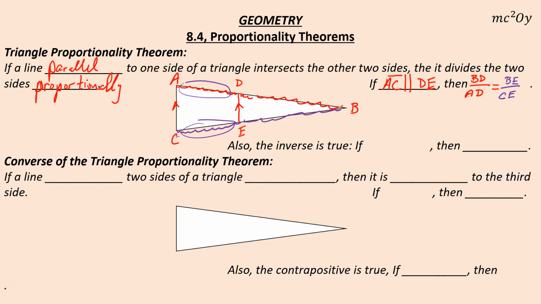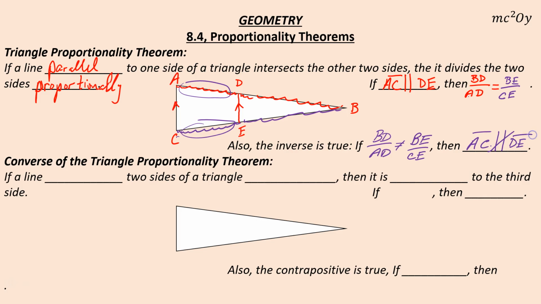The converse of that is also true. Oh, one other thing. Also, we also know the inverse is true. So if AC is parallel to DE, then BD is to AD as BE is to CE. Okay. Then we also know that if BD to AD is not proportional to BE over CE, then we know that the two sides would not be parallel.